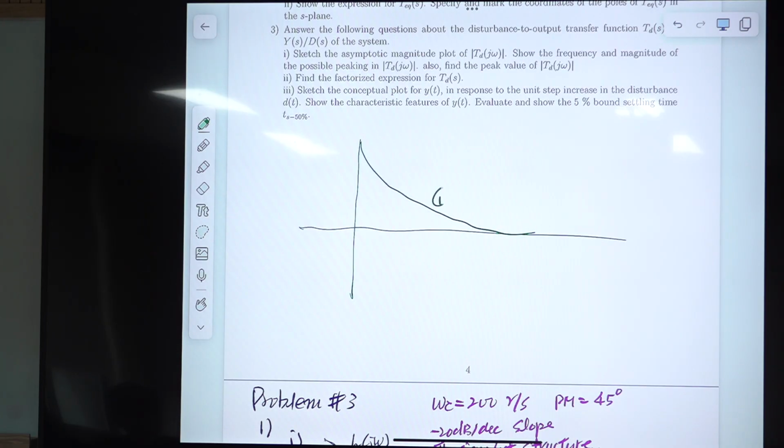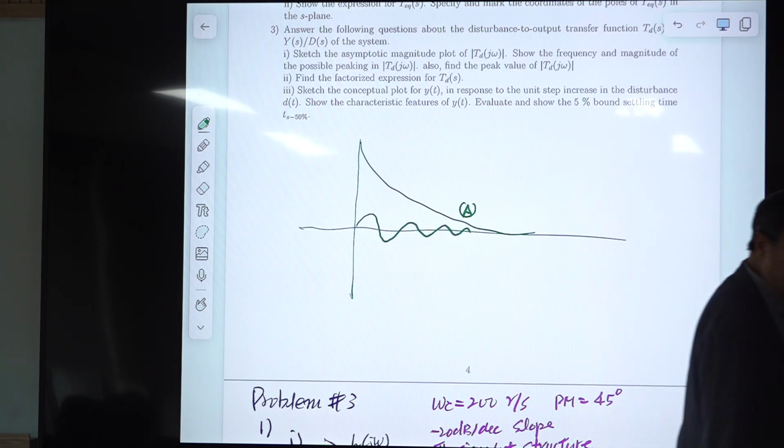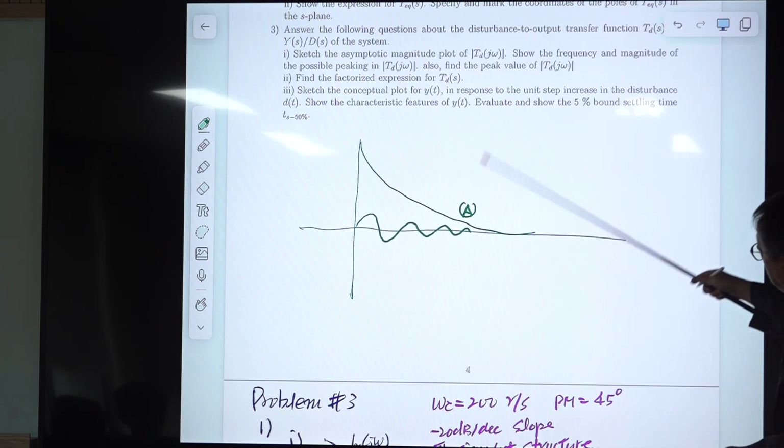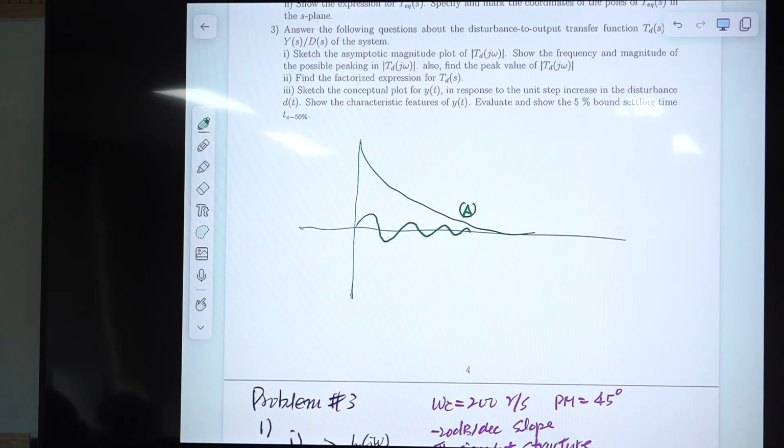This is term number 1, term A. And term B is a sinusoidal waveform. This is a stable system. Okay, so because it is stable, it never grows. It is decaying somehow. So this is B. Right?